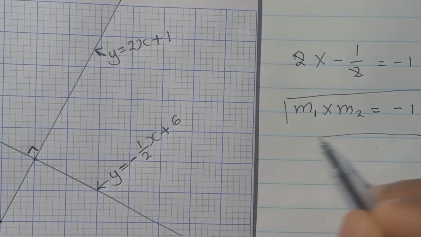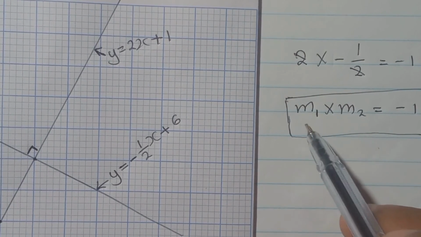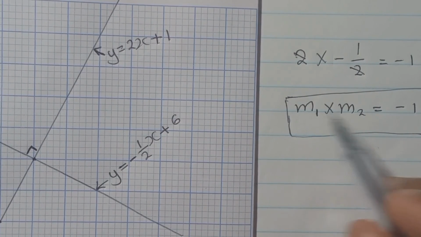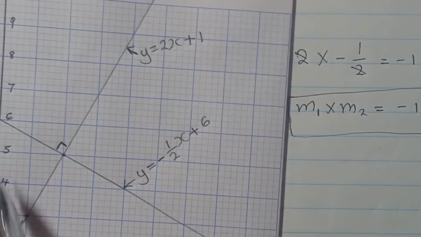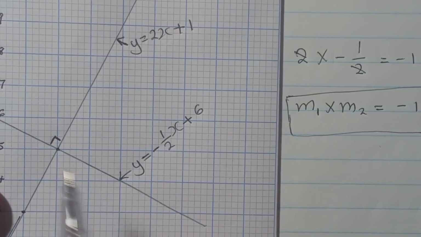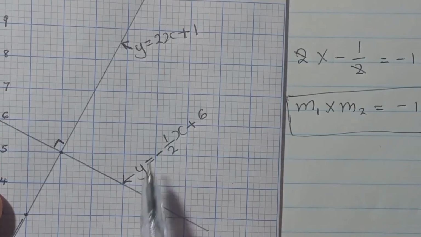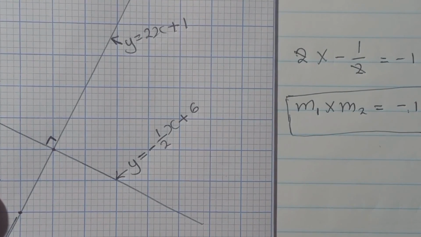When you have two lines perpendicular to each other, if you multiply the gradients of those two equations, it must equal minus 1. That means if you have two lines this way, if you multiply the two gradients, then it will equal minus 1.